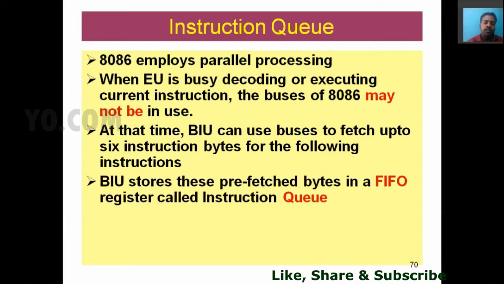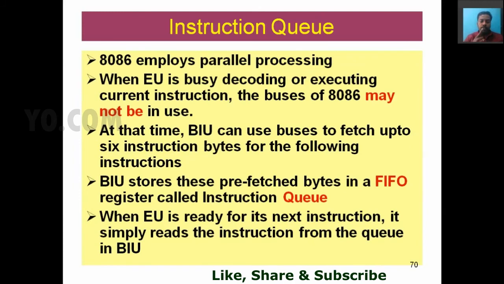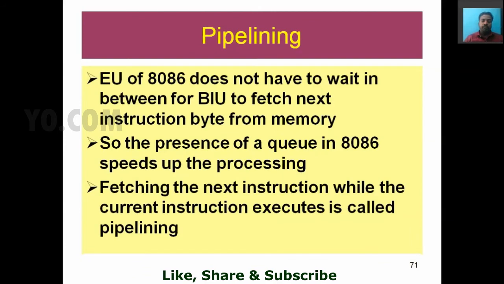The bus interface unit stores these prefetched bytes in a first in first out register called the instruction queue. When the execution unit is ready for the next instruction, it simply reads the instruction from the queue in the bus interface unit, so that increases the speed of the operation.